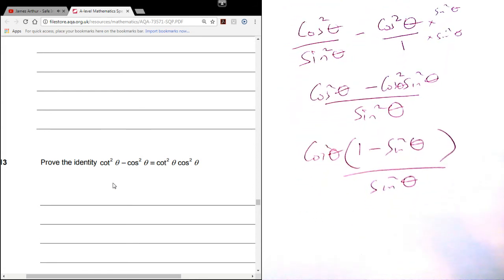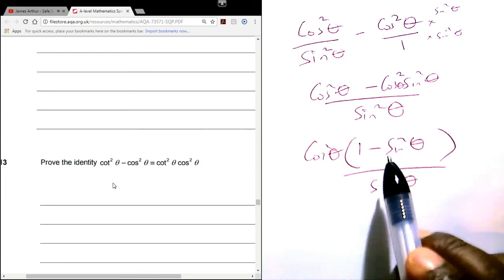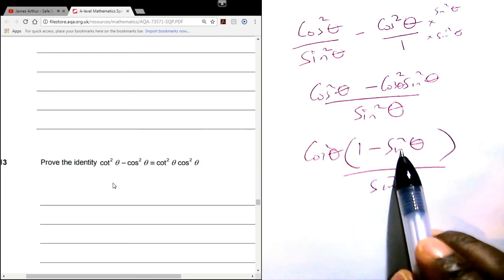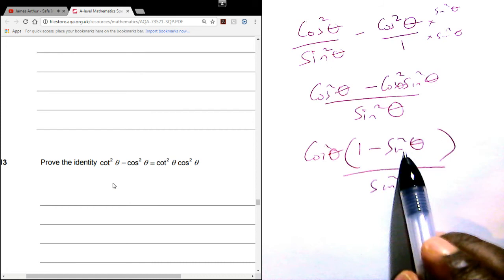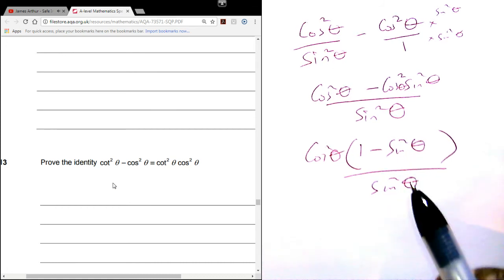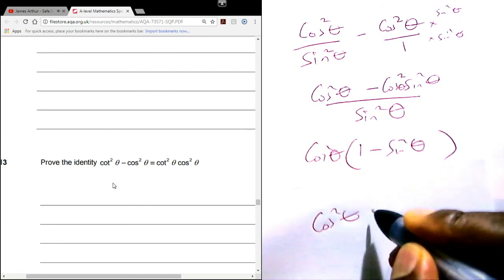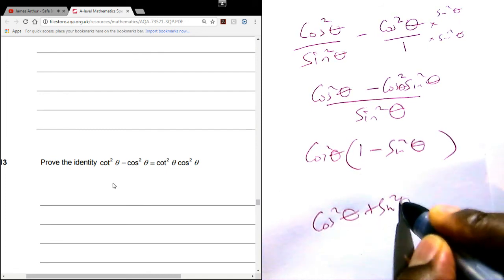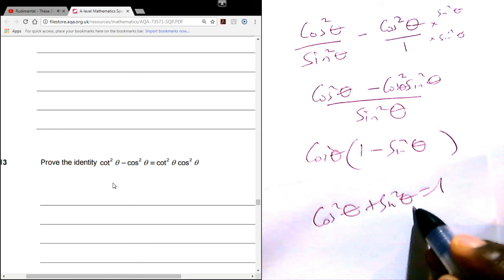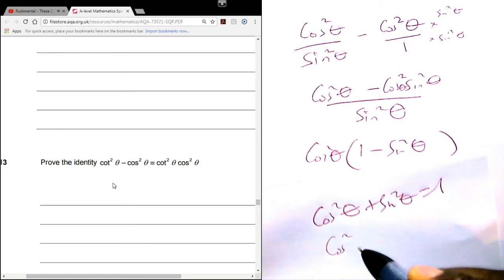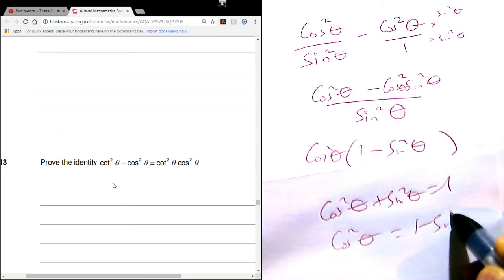Because I know what they want me to get, I'll just do it the way they want it. 1 minus sine squared is cos squared, and you would remember that from the identity that we say all the time, which is cos squared plus sine squared equals 1. So if you take your sine squared there, you have cos squared to be 1 minus sine squared, right?